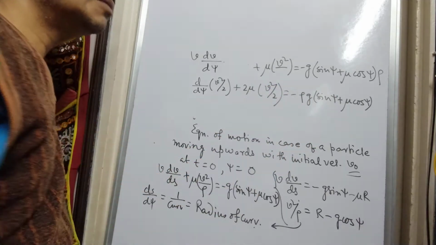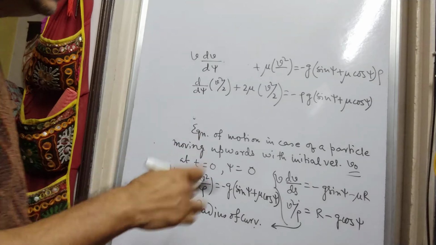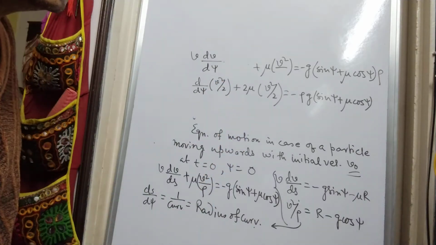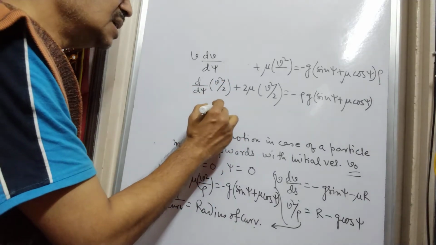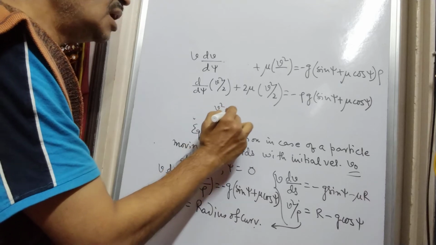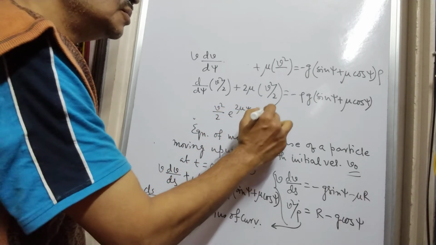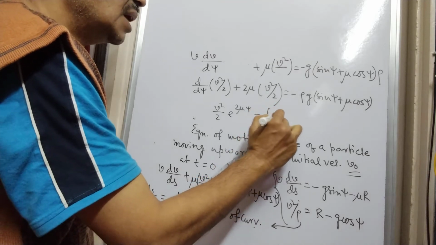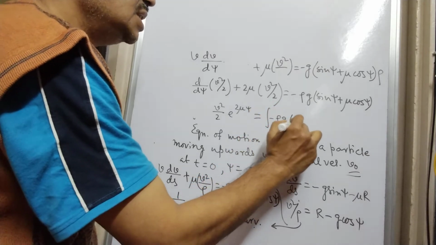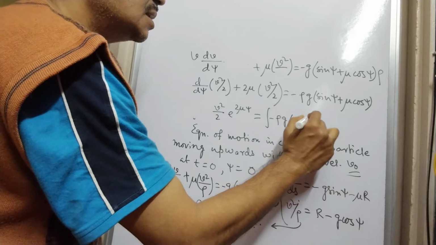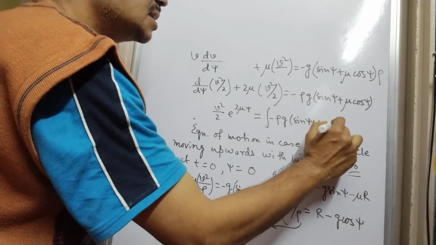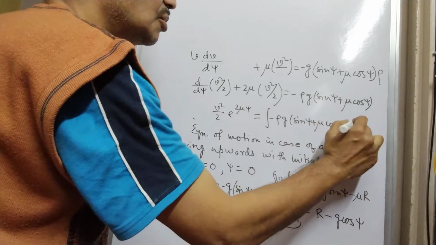Rho is also a function of psi, and integrating factor of this equation is e to the power 2 mu psi. So we have v square by 2 e to the power 2 mu psi is equal to minus rho g sin psi plus mu cos psi.